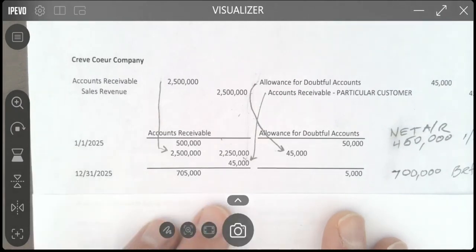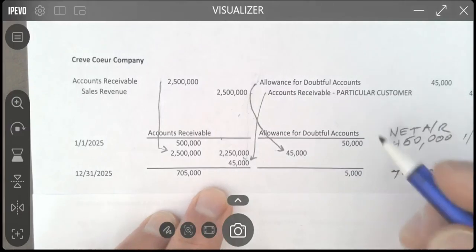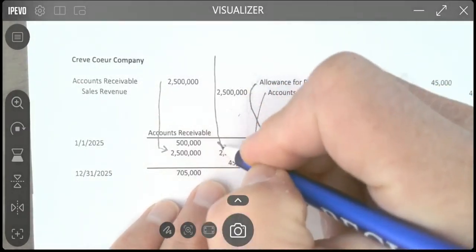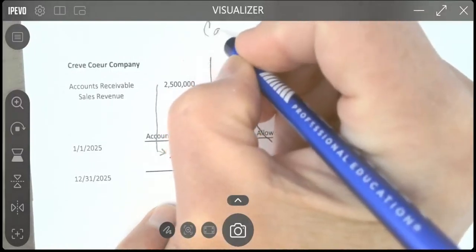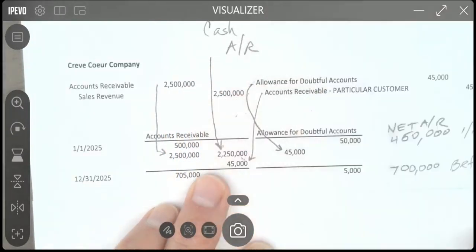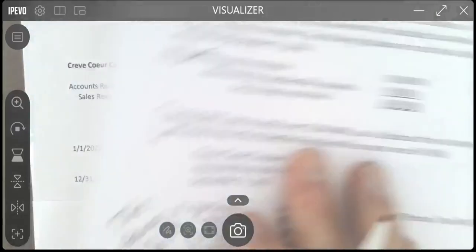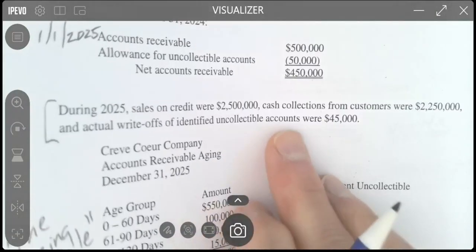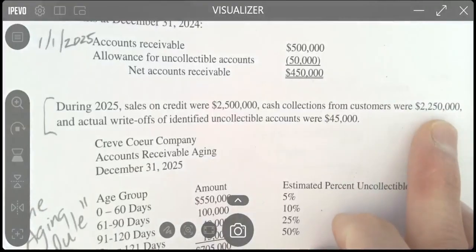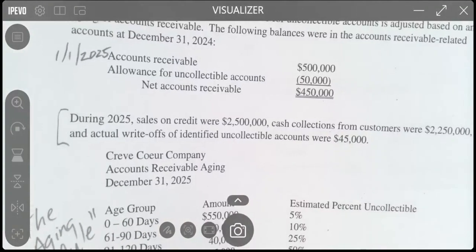And keep in mind, by the way, one thing I didn't mention is this. That's the cash and accounts receivable during the year. Cash collections from customers were $2,250,000 during 2025.